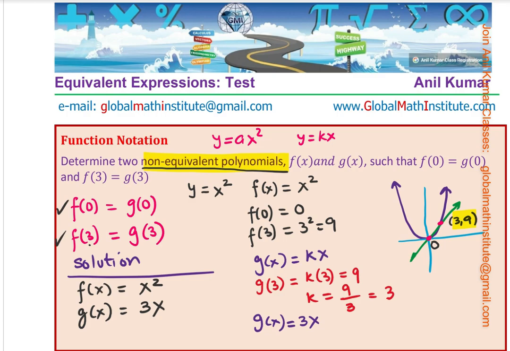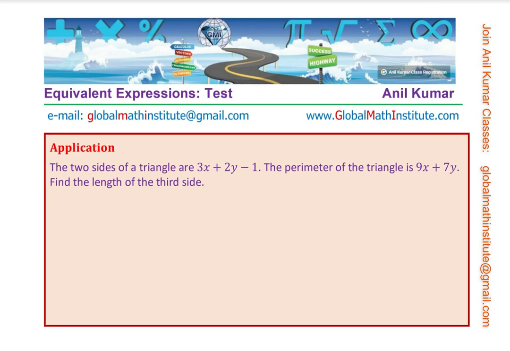Great. So let's move on and look into one of the difficult application questions which has been there in the test papers many times. So this time the question is, two sides of a triangle are 3x plus 2y minus 1. The perimeter of the triangle is 9x plus 7y. Find the length of the third side.